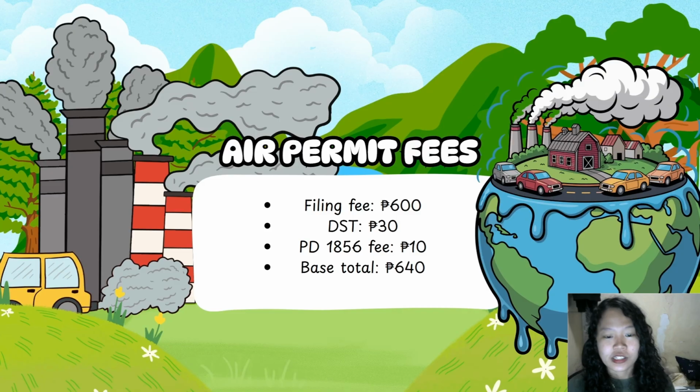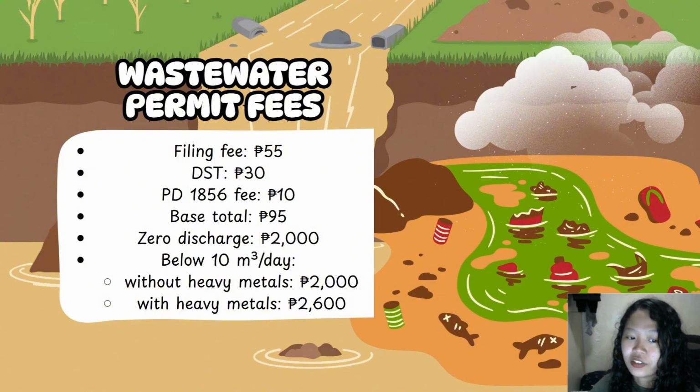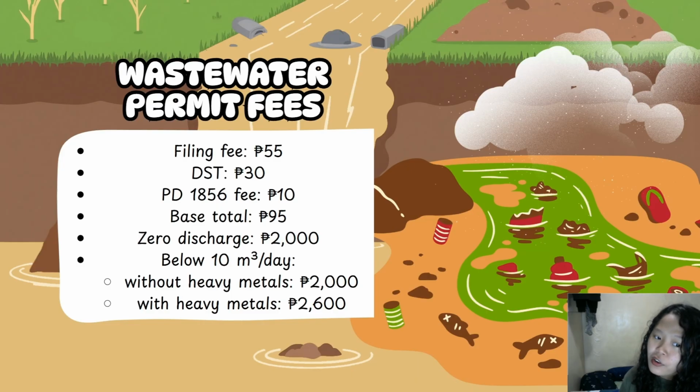So next is wastewater permit. Client: May wastewater po ang operation namin. Magkano po ang babayaran? Lawyer: For wastewater discharge, kailangan ninyo ng permit. The base application cost is 95 pesos, composed of 55 pesos filing fee, 10 pesos PD 1856 fee, and 30 documentary stamp tax.